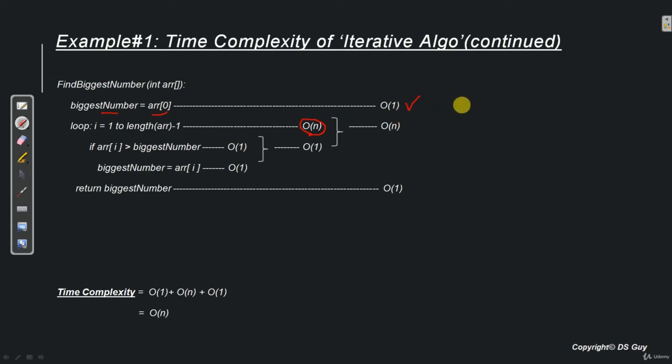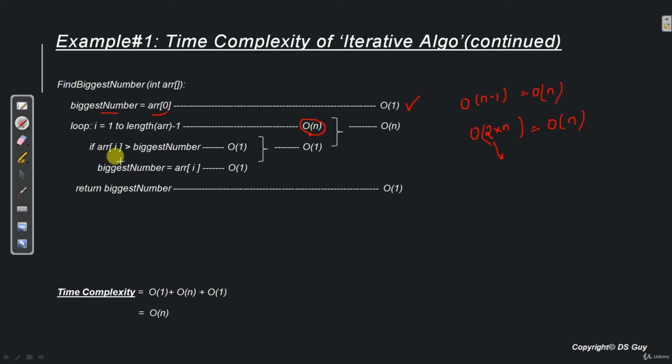What that means is, order of n minus 1 is the same as order of n. Or even if we say order of 2n, it will again be the same as order of n. The reason is again the same: 2 over here is a constant and we can always safely eliminate it.